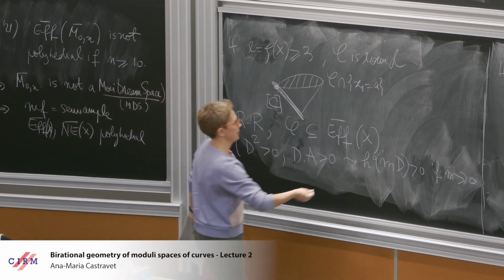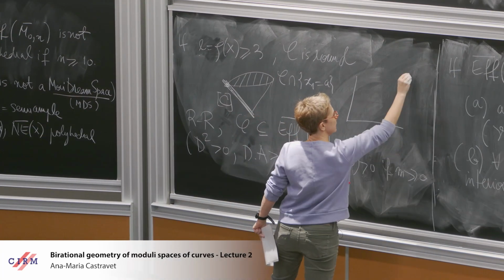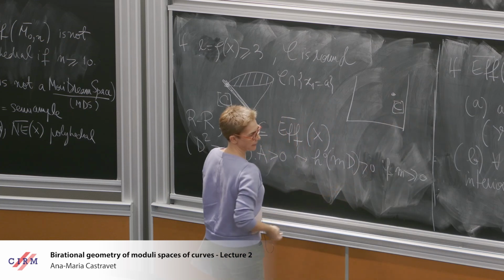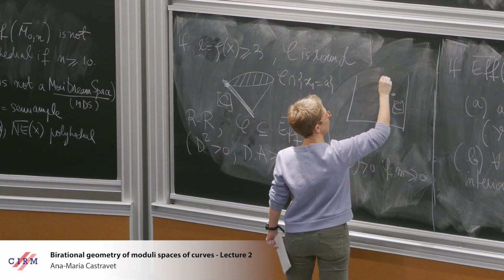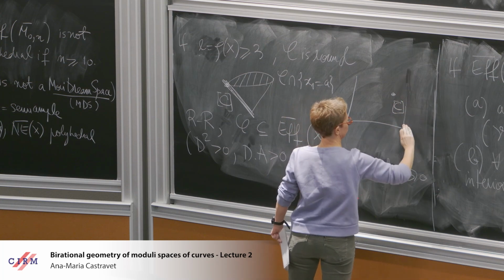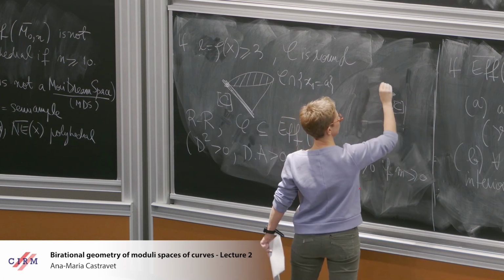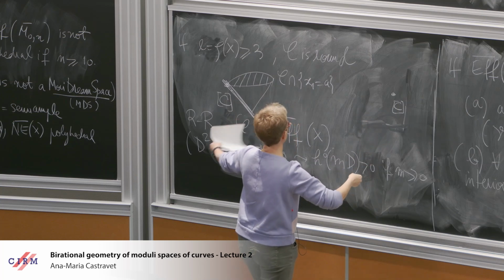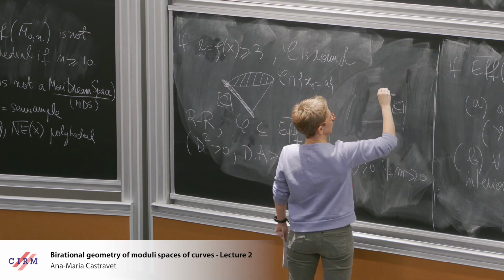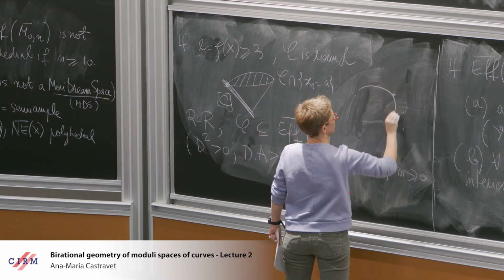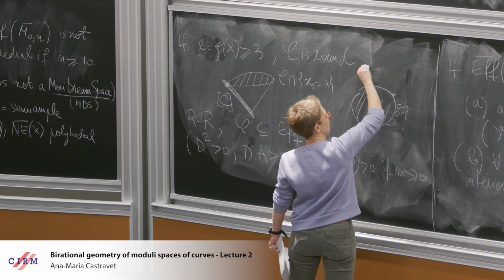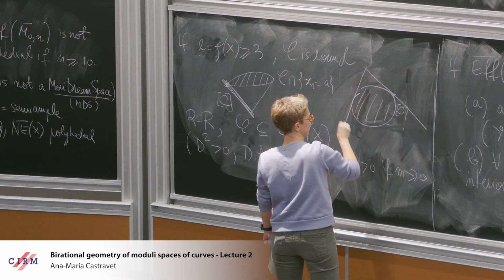The intersection with the effective cone will be a polygon in this plane, and the intersection with this round cone is a disk. So I have this disk, and I have to contain it in a polygon.